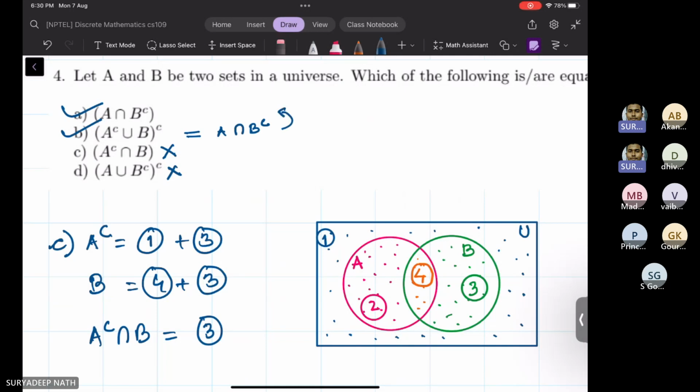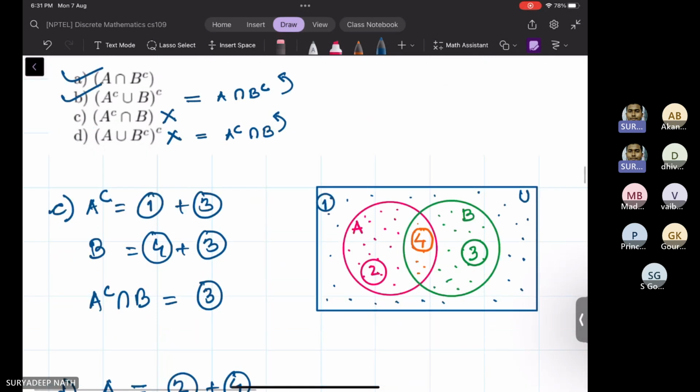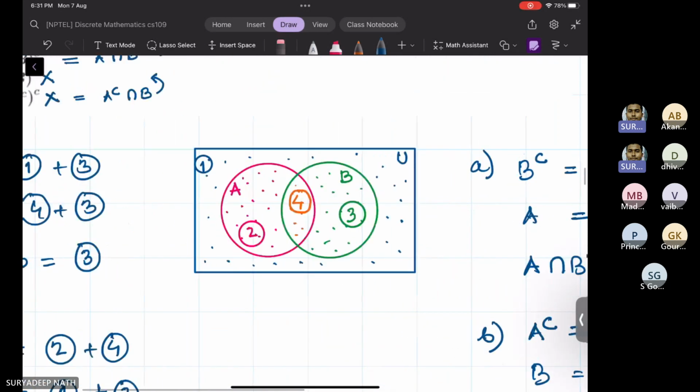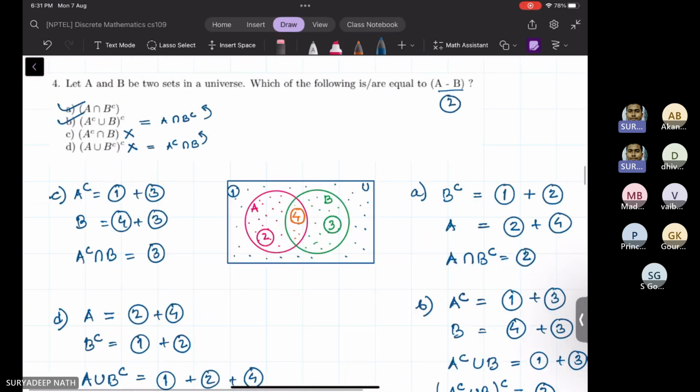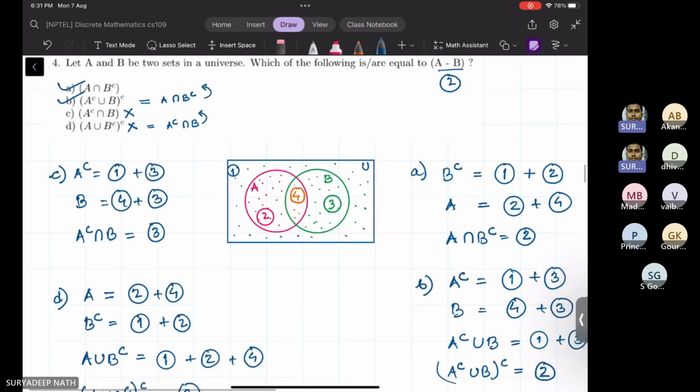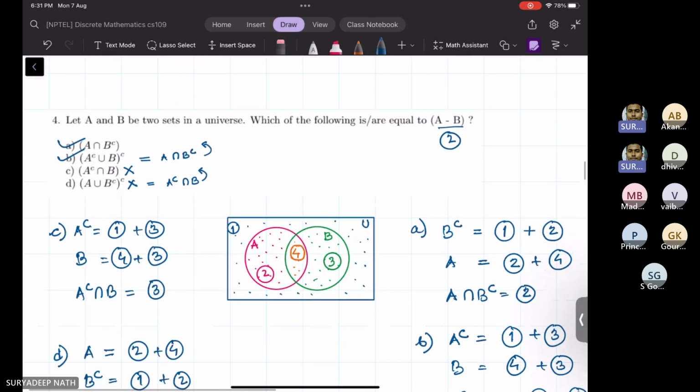So A and B are basically the same thing, and D can also be written as A complement intersection B, which is again the same as C. That's why we are getting the same result for C and D and same results for A and B. So you can check that way as well. So this is question number 4.